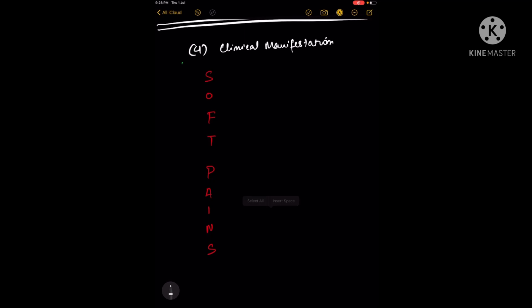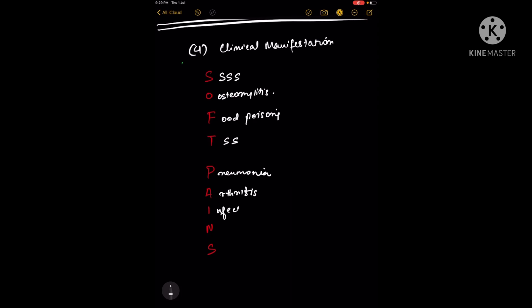S for scalded skin syndrome, O for osteomyelitis, F for food poisoning, T for toxic shock syndrome, P for pneumonia, A for arthritis, I for infective endocarditis, N for necrotizing fasciitis, and S for surgical site infection.